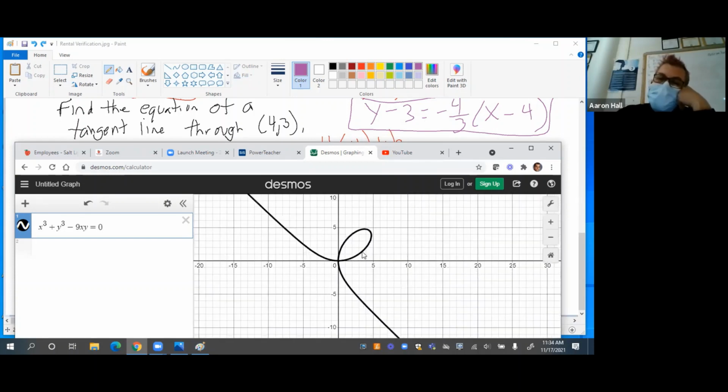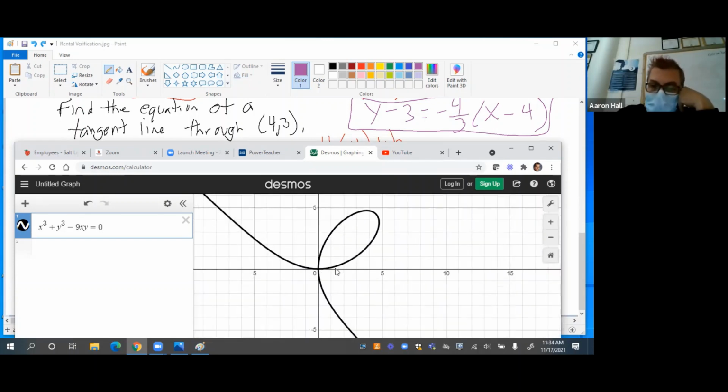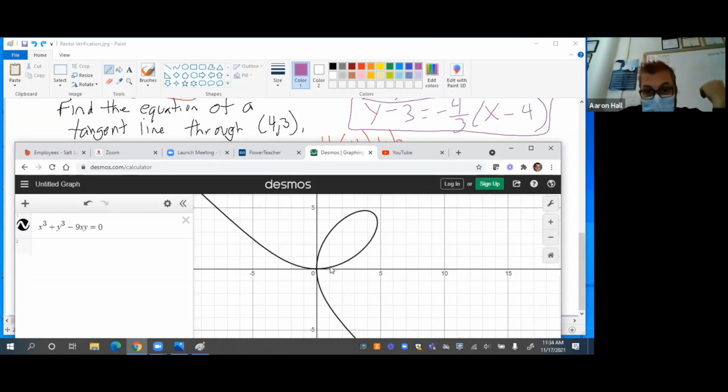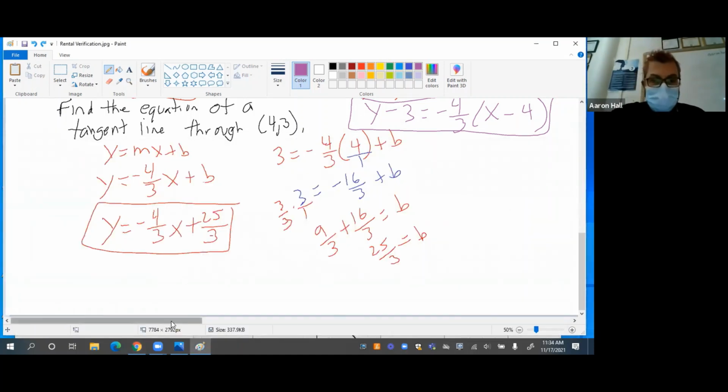But not in here. If I know x is 1, is that enough information to find the slope? No, because there are 2 slopes. When x is 1, there's a different slope at the bottom than up here. So that's the next one we're going to do.